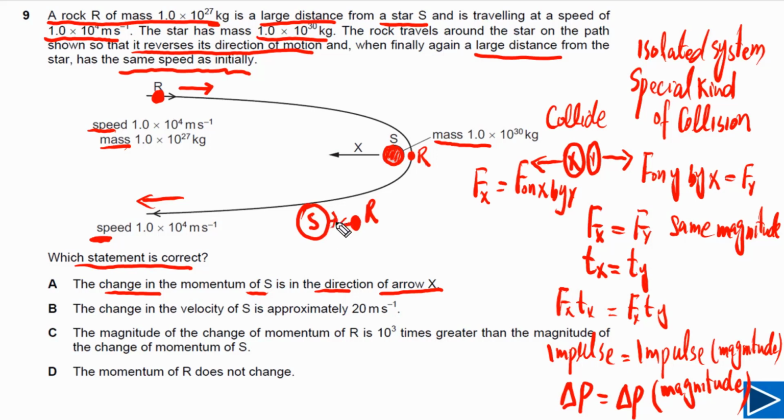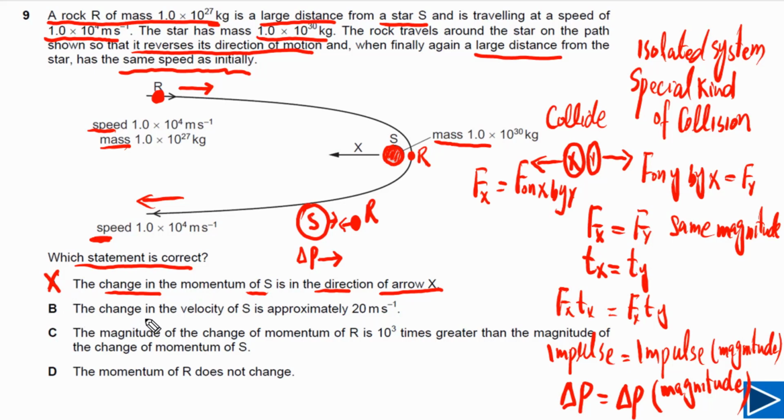As the resultant force on star is to the right, so the change in momentum also has to be to the right. So the delta P, the change in momentum for this star, it has to be to the right. But option A is telling us it is to the left. So this is not right option.